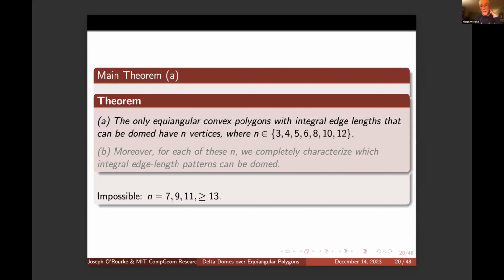And now I return to the theorem, part A, that the only equiangular convex polygons with integral side lengths, of course, you have to have integer side lengths because the equilateral triangles all have unit side length. The only ones that can be domed have n vertices, 3, 4, 5, 6, skip 7, 8, skip 9, 10, skip 11, 12. And that's it. And these are impossible.